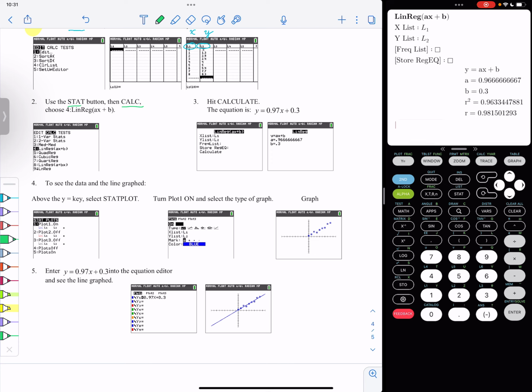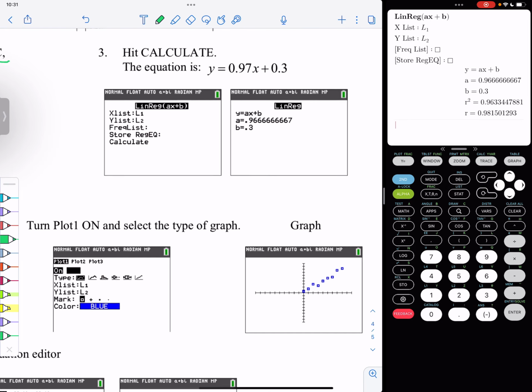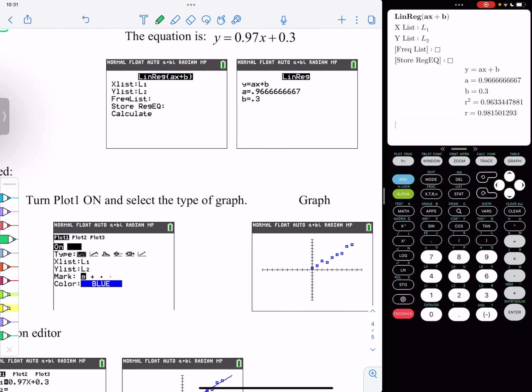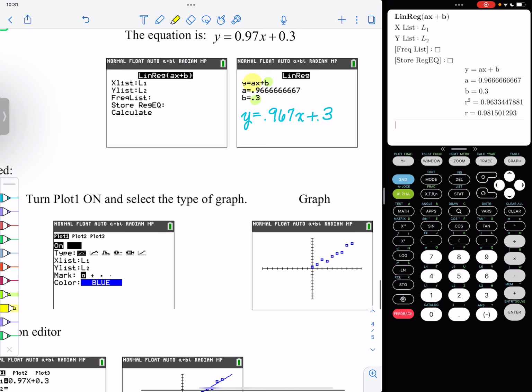And as you can see, we have this equation of a line. Let me zoom in. So really, we've got y equals 0.967x plus 0.3. So this is your B, and this is your A.